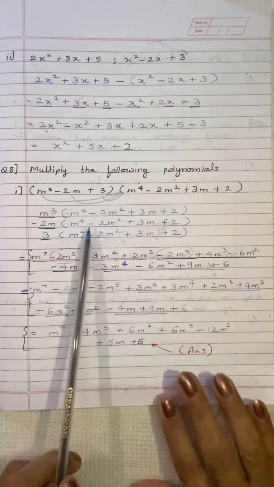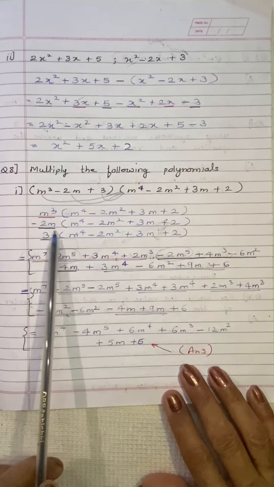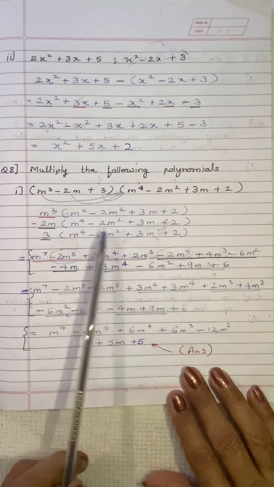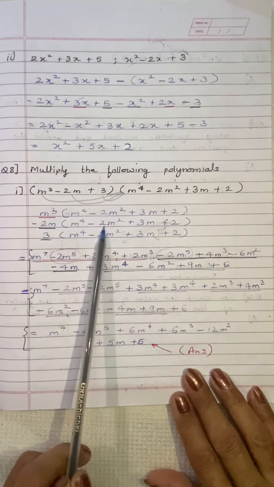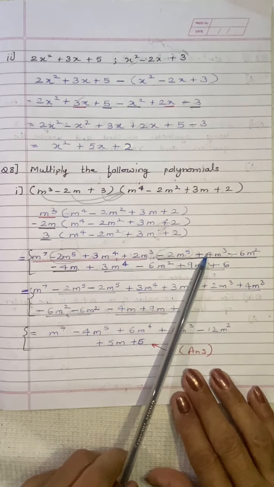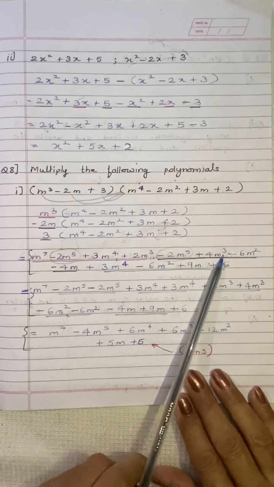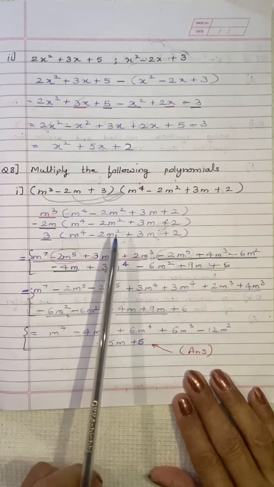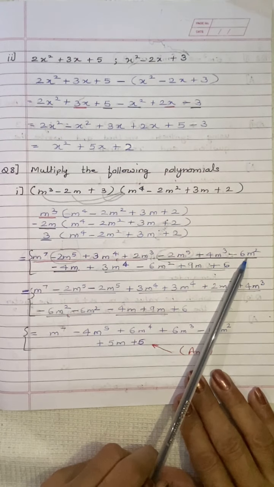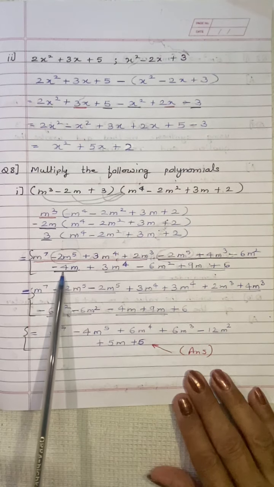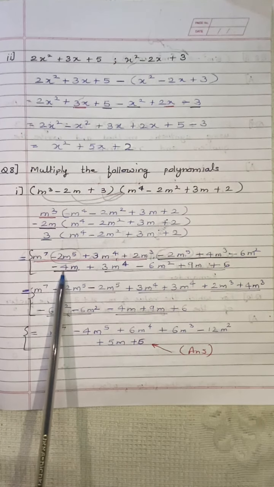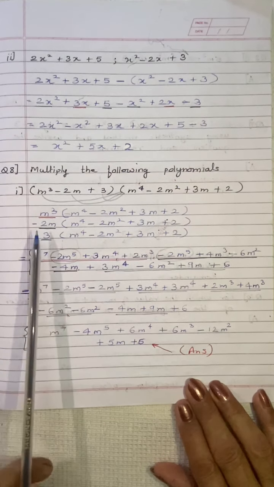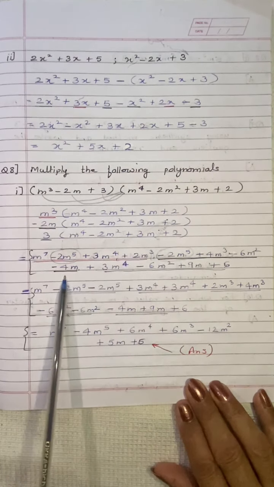Same way we will multiply over here: 2m raised to 5, so minus 2m raised to 5, minus into minus will be plus 4m raised to 3, and then 3 2s are 6, minus 6m square, and minus 2 into 2 is minus 4m.